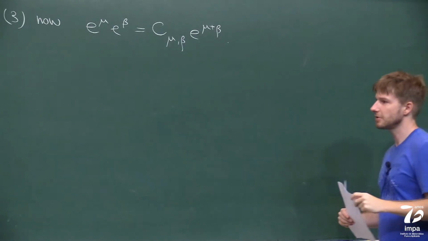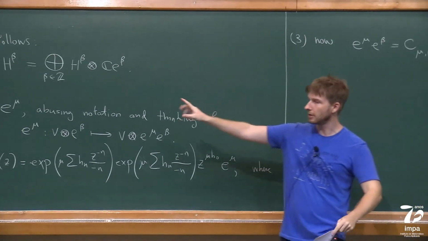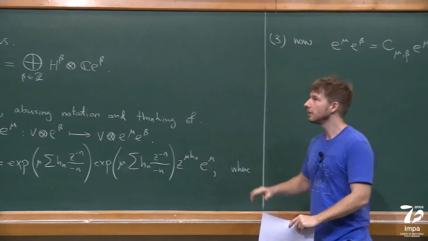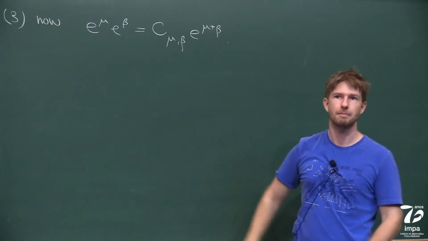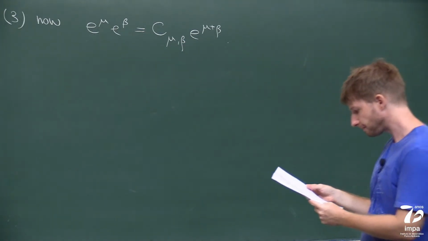Okay, so this is the idea. It's just a change of notation so that I can absorb these factors, c mu beta, into the structure constants of some algebra, just given by multiplying these formal exponentials.